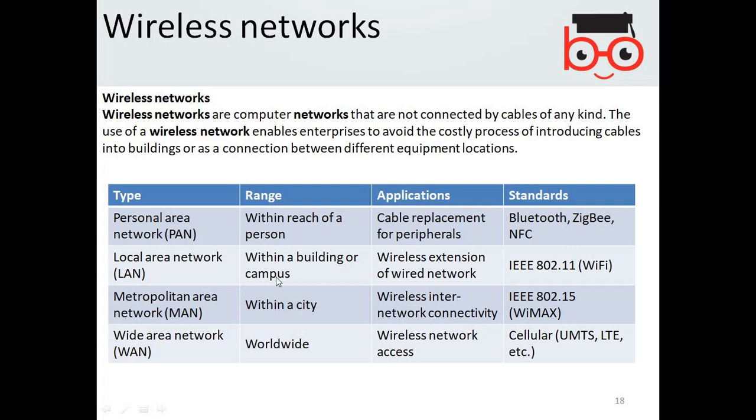So when you say LAN, let's say you have a router in your home, it means it is a kind of wireless network within a LAN, so within a building. So wireless extensions of the wired network, for example, the wired network you have is extended, or given an additional provision, by your network.